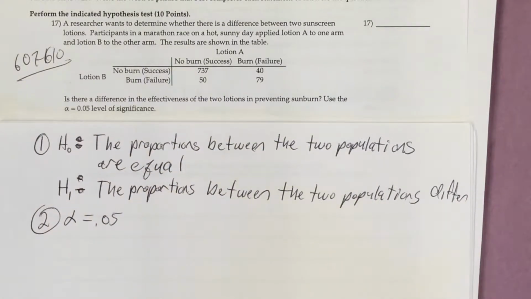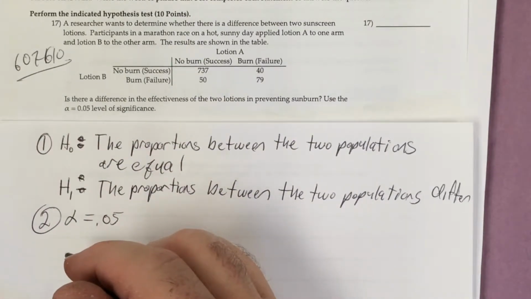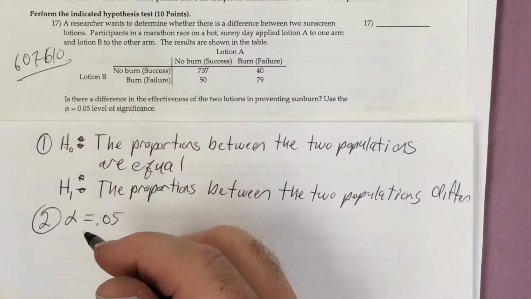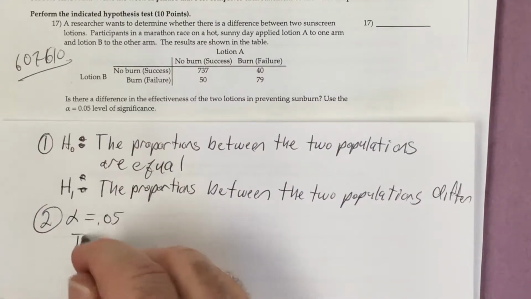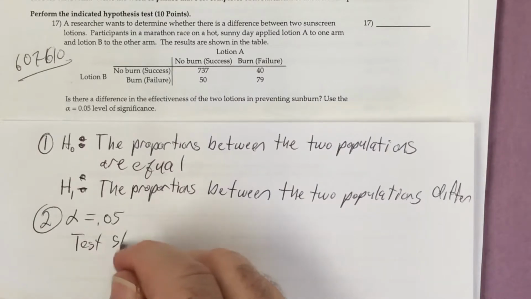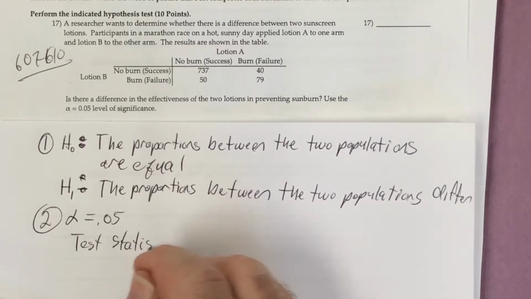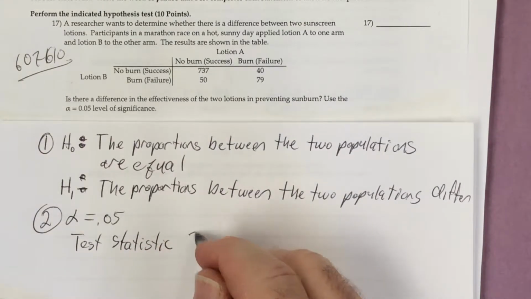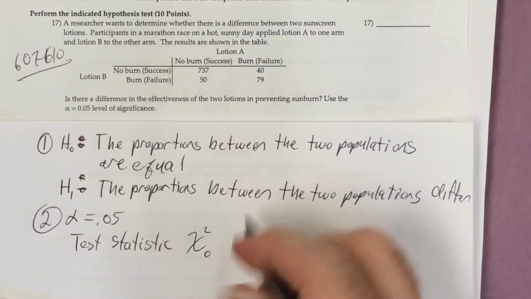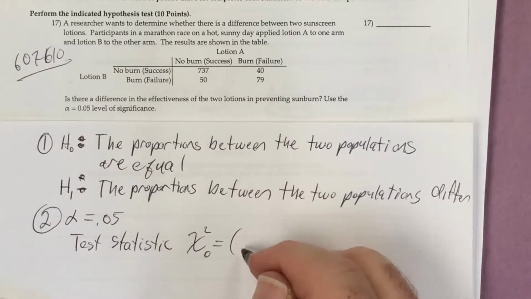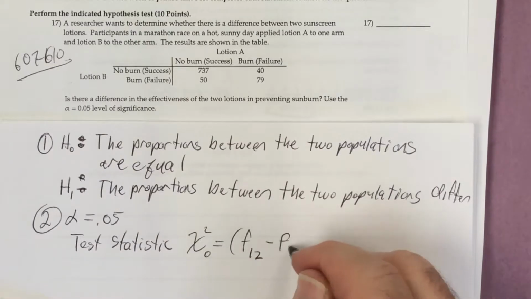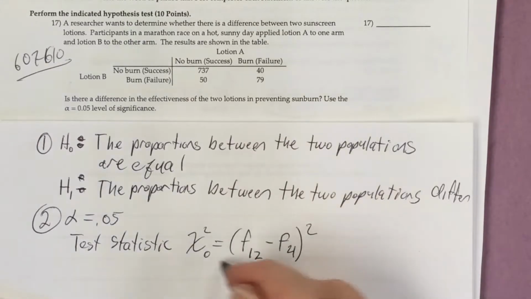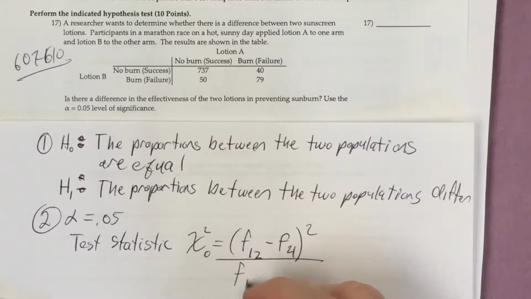To calculate the test statistic, chi squared of 0 equals the absolute value of f12 minus f21, squared, divided by f12 plus f21.